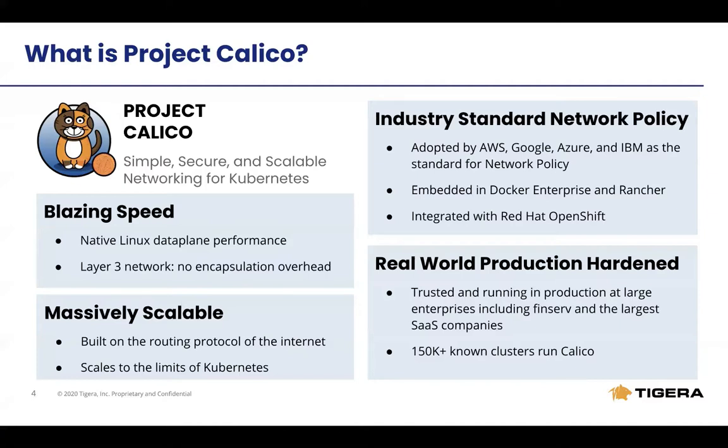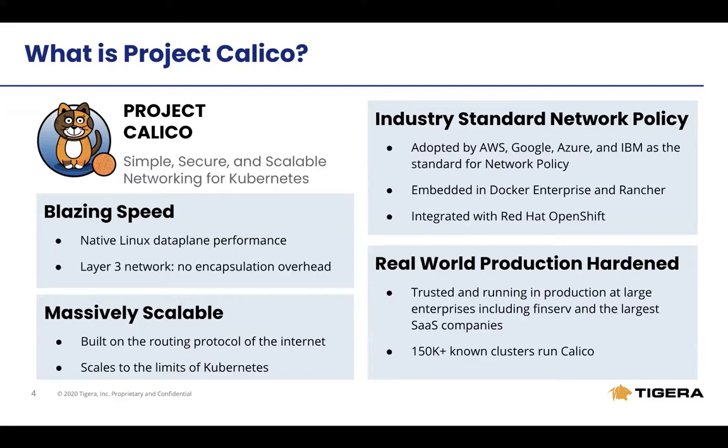We're known to provide the layer 3 network. Of course, there are other options to use encapsulation such as VXLAN and IP-in-IP, but many of our users today are using Calico without encapsulation, providing really high performance, low latency, and architecturally simple networks for Kubernetes.